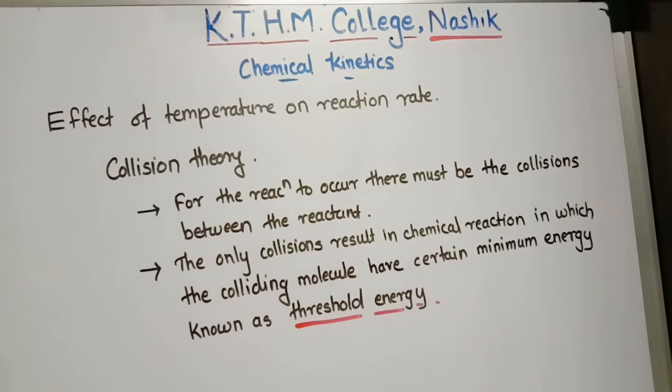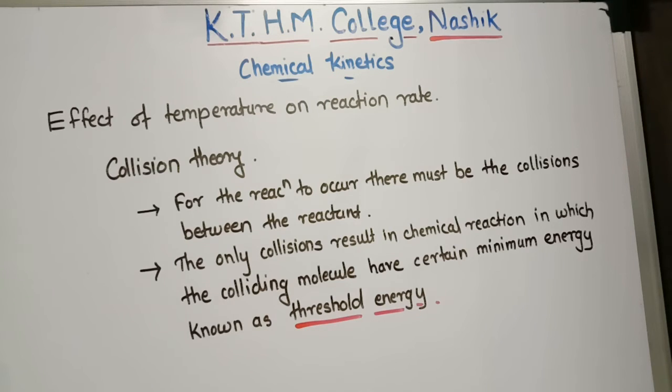Now according to the collision theory, first, for the reaction to occur, there must be collision between the reactant molecules. But not each and every collision results in the formation of product. The collision in which the colliding molecules have minimum energy, that is the threshold energy, gets converted into the product on collision. So we have to remember these two postulates of the collision theory.